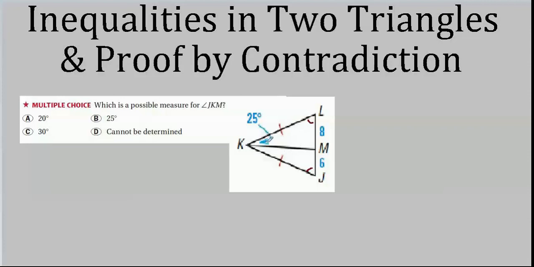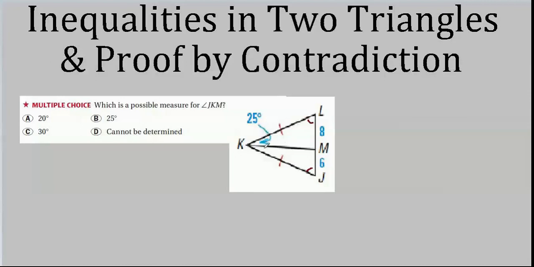The included angle has congruent sides, which means that the larger angle has to have the larger side, and the smaller angle has the smaller side opposite it. And remember, that's true because this side is congruent to this side, and this side is, of course, congruent to itself.